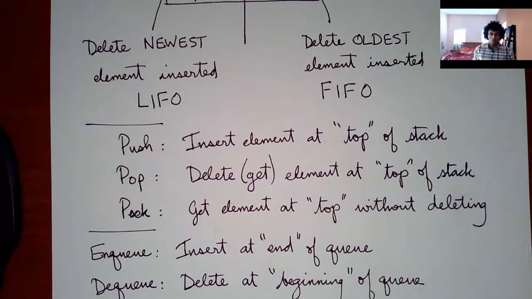So I'm just telling you what stacks and queues are so that you see the distinction between them and you understand what's going on. We will be actually discussing stacks in more detail. Queues will maybe come later on in the course when we talk about breadth first search.